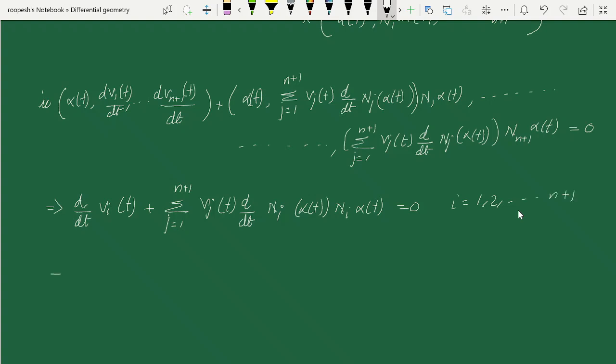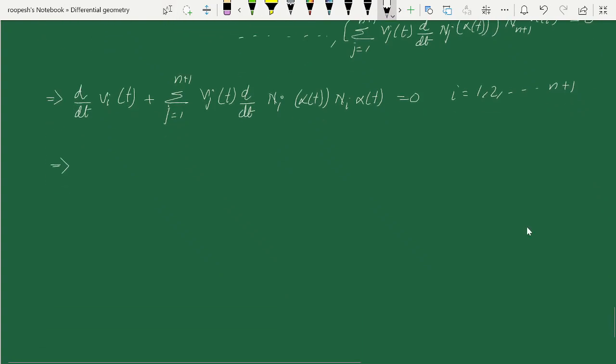Now, we have taken only a general term, so this implies d by dt of vi plus sigma j equal to 1 to n plus 1.